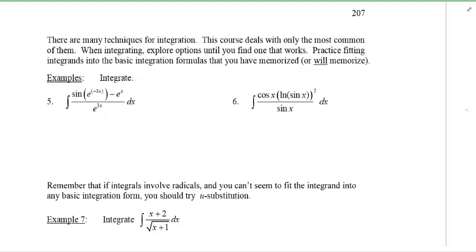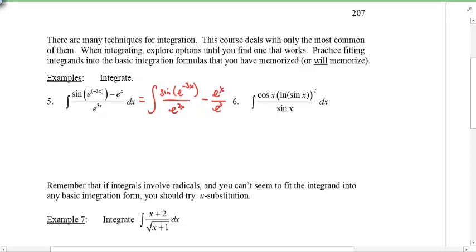e to the -3x with the sine of that function. But I hope you remember that this is one where you can divide into 2 separate functions. The integral of sine e to the -3x over e to the 3x minus e to the x over e to the 3x.